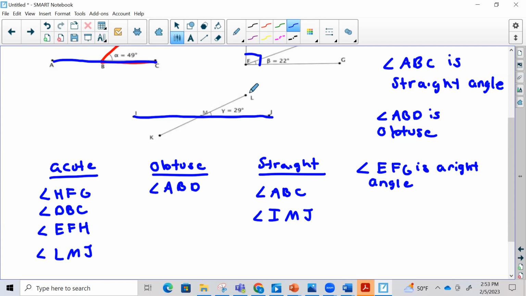So if I know that this piece, LMJ, is 29, I can find the missing piece by doing 180 minus 29, because again, they add up to 180. So this would be 151, which makes that angle IML an obtuse angle.